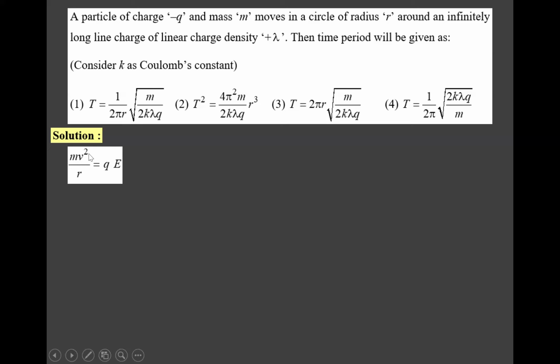So we can write mv square by r equals qE.